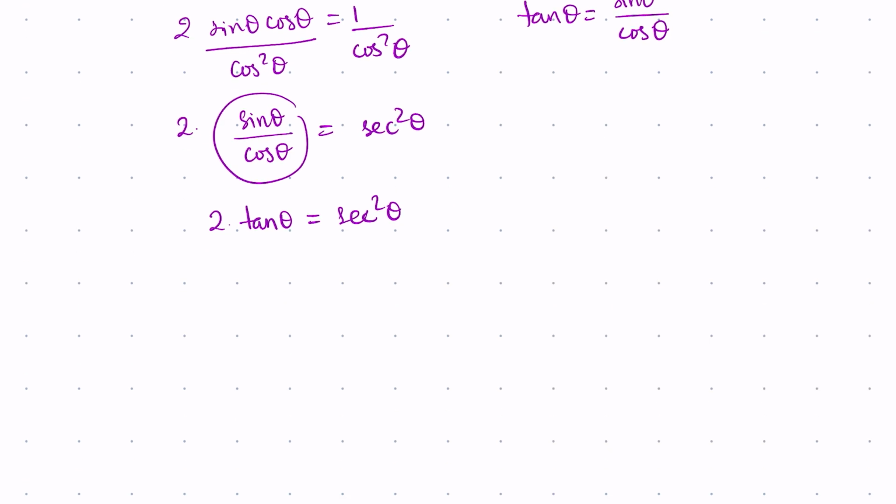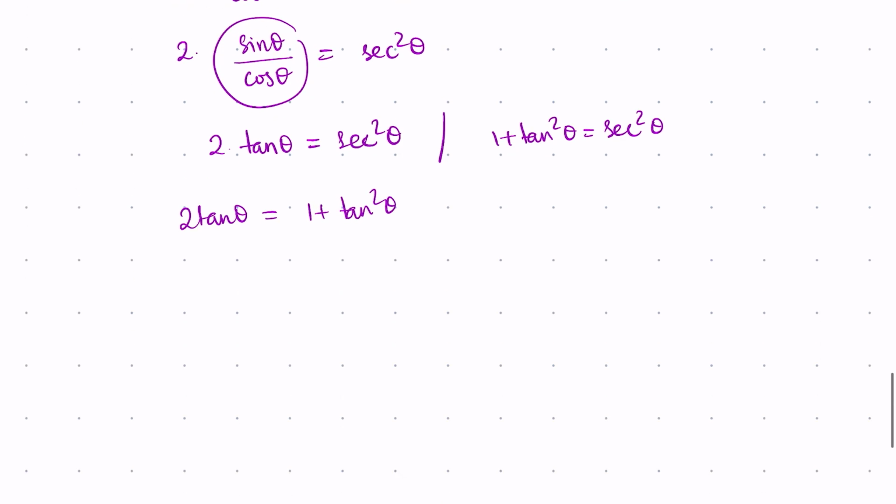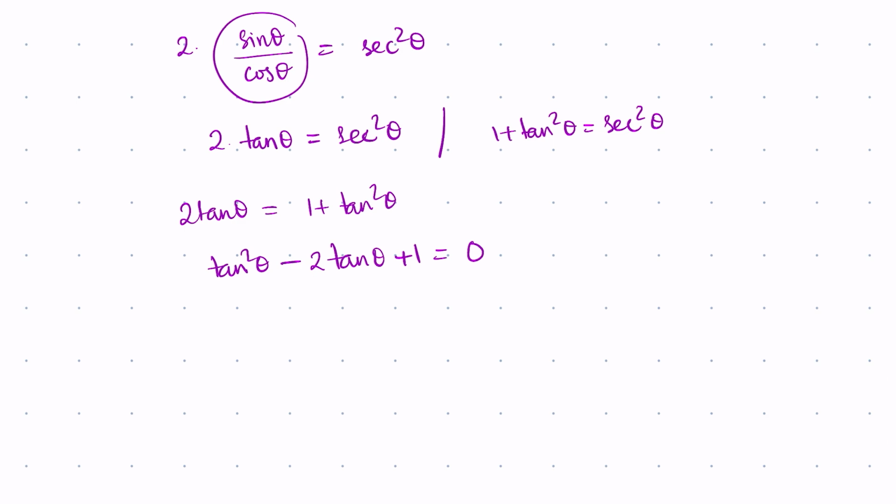Now we'll use a handy trigonometric identity which says 1 plus tan squared theta is equal to sec squared theta. So we have 2 tan theta is equal to 1 plus tan squared theta, or rearranging the equation we get tan squared theta minus 2 times tan theta plus 1 is equal to 0. So we just switched this side of the equation to the other side, just rearranging terms.